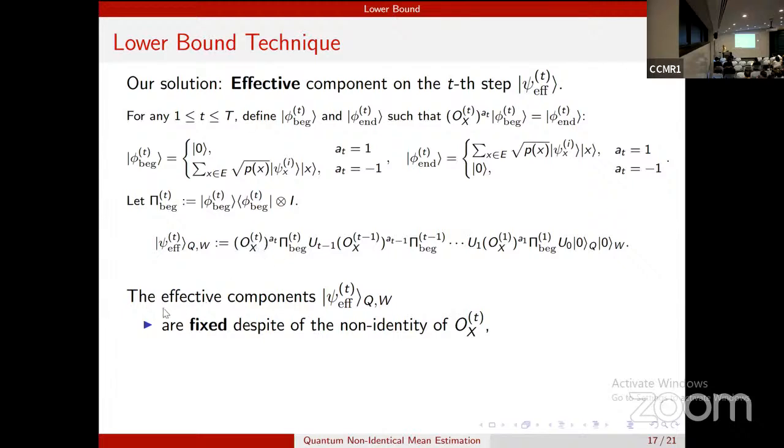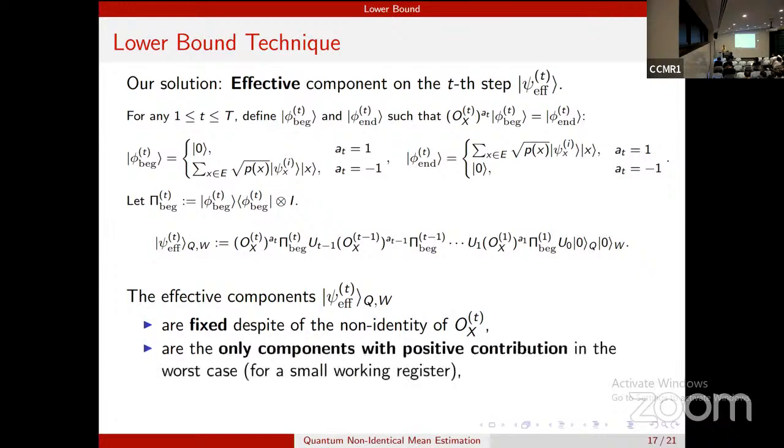So these effective components are fixed despite the non-identity of O_X^T, and they are the only fixed part, the only part we cannot manipulate along the processing.